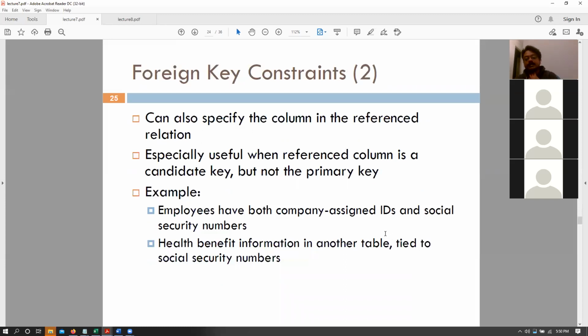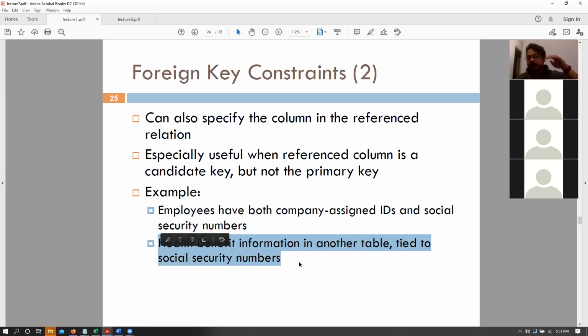So for example, let's say that we have this case where we want to model the employee IDs and their health benefit information. Usually companies have two separate tables. One would basically have their company IDs and their social security numbers, where their company IDs are usually used for their salary stuff, and the social security numbers are usually tied to their health benefit information, right?